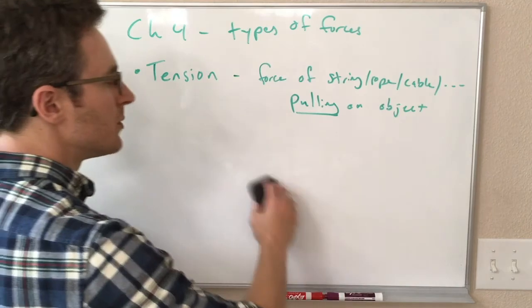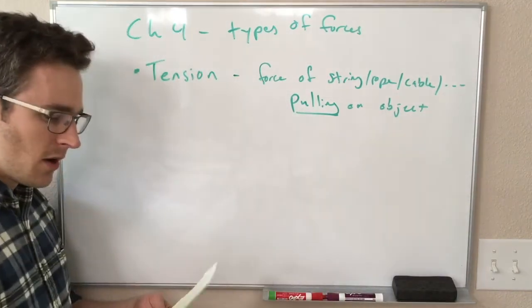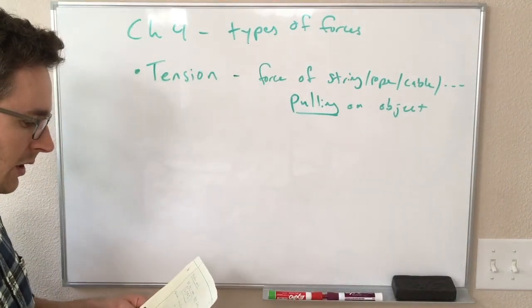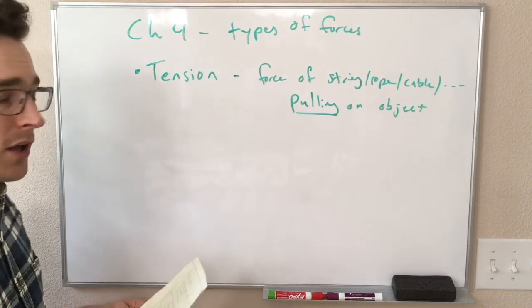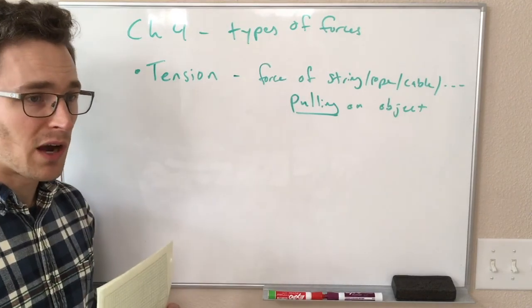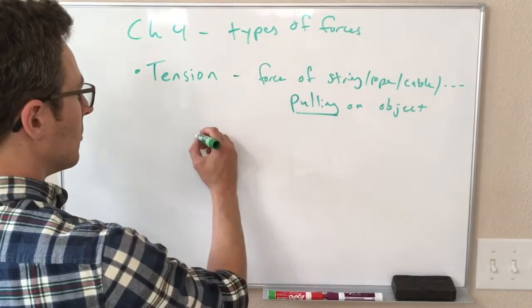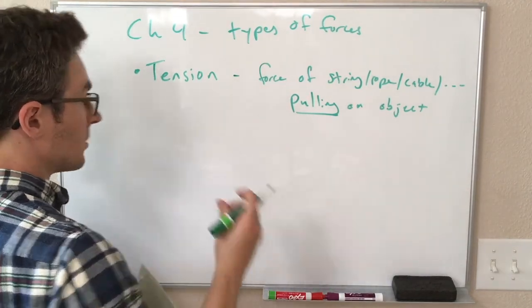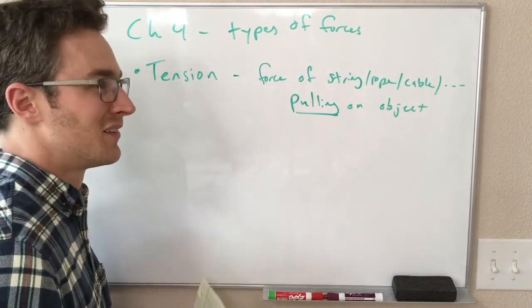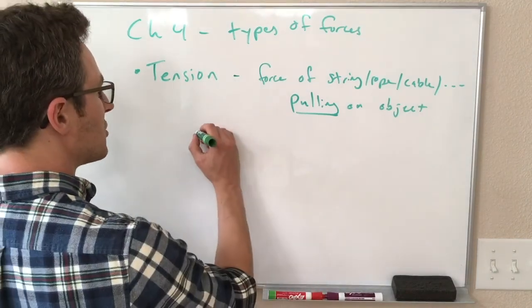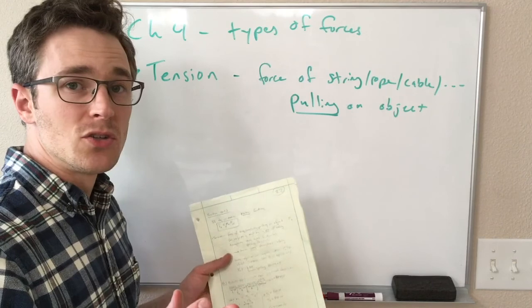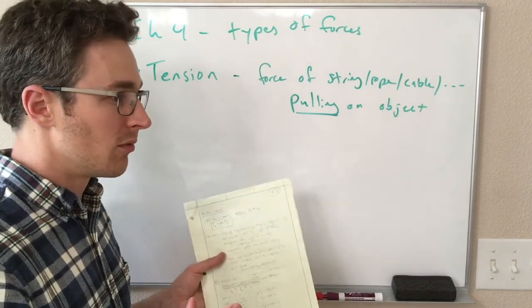In some problems, we will be told how big the tension is. In some problems, we are not. And in that case, we have to figure out how big it is from context. So in keeping with normal force and friction, our tension is as big as it needs to be to keep the rope the same length.